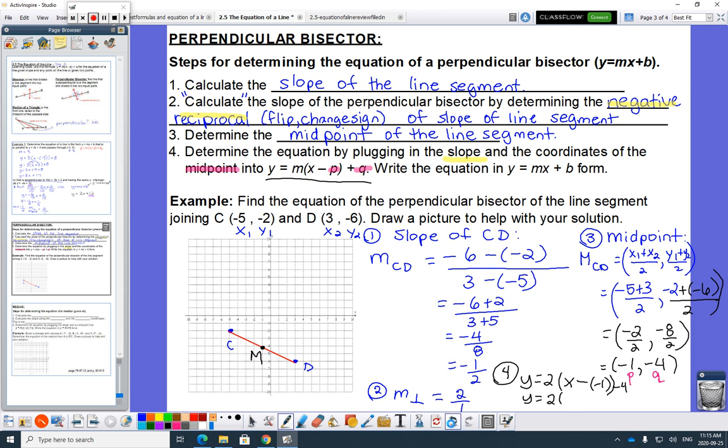I'm going to skip a step here. So I didn't show the changing this to +1. I only showed the distributing.